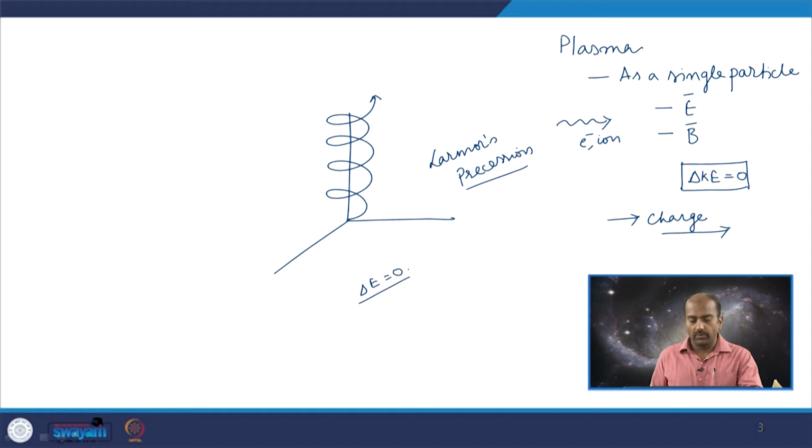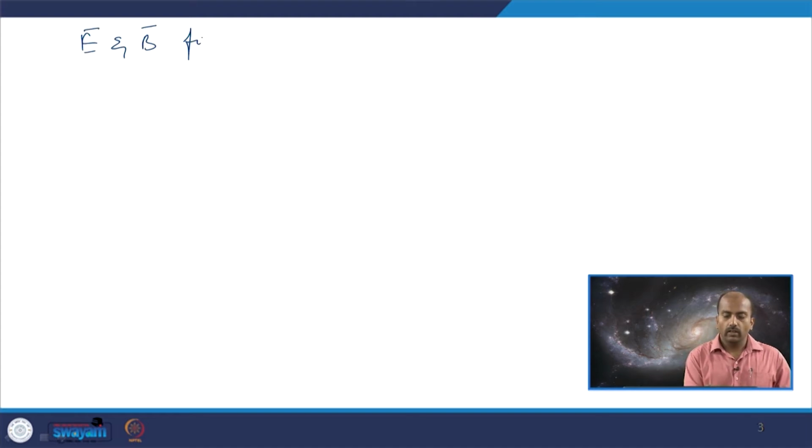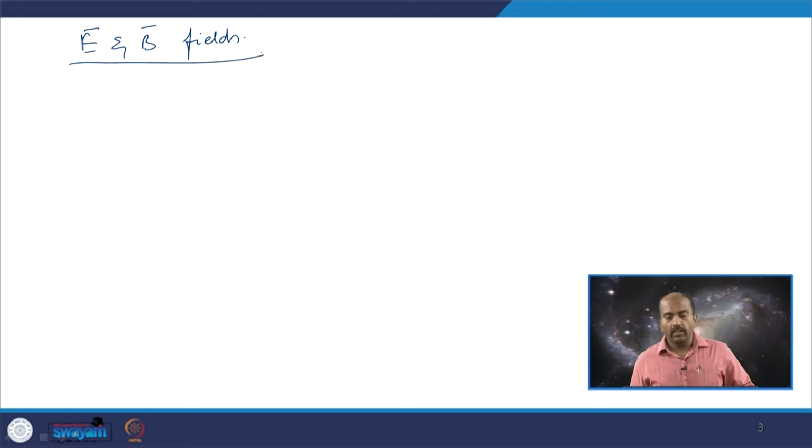So, this was one example that we have seen. In today's class, in continuation, we will consider perpendicular electric and magnetic fields. We will consider an example in which there is an electric field and also a magnetic field, perpendicular to each other, and you allow a single particle to experience this type of field.